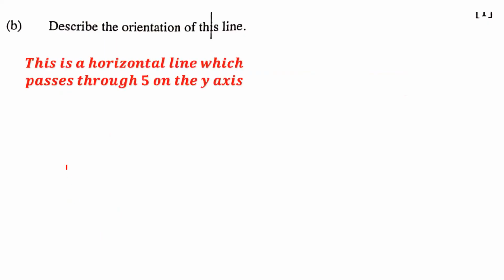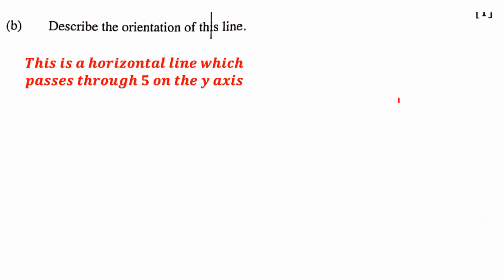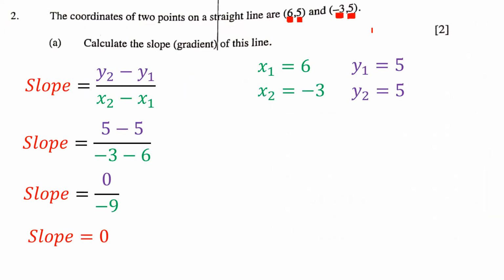Now, once we have a slope that is 0, what that means is that we have a horizontal line. And so the orientation of this line is this. This is a horizontal line which passes through 5 on the y-axis. And we know it passes through 5 because if you look at our coordinates, both of our y coordinates are 5.